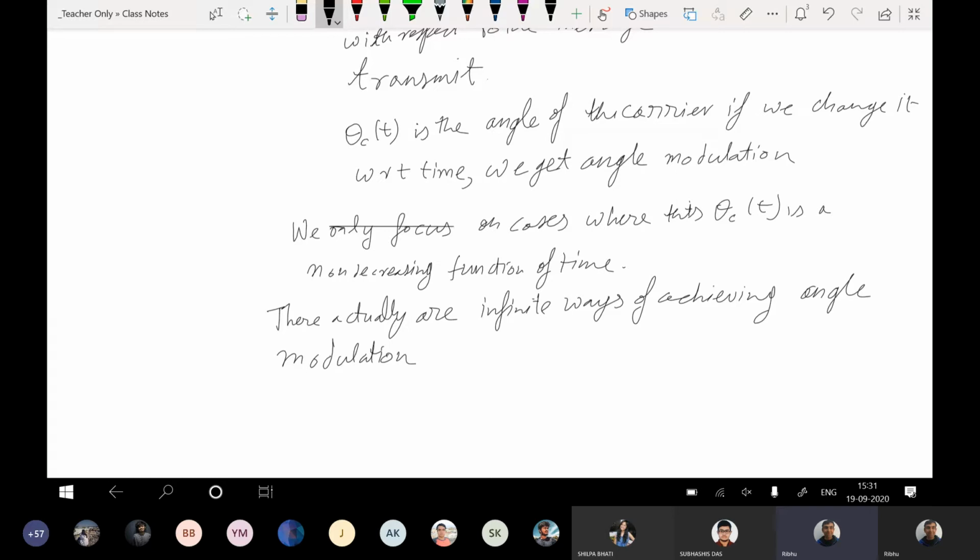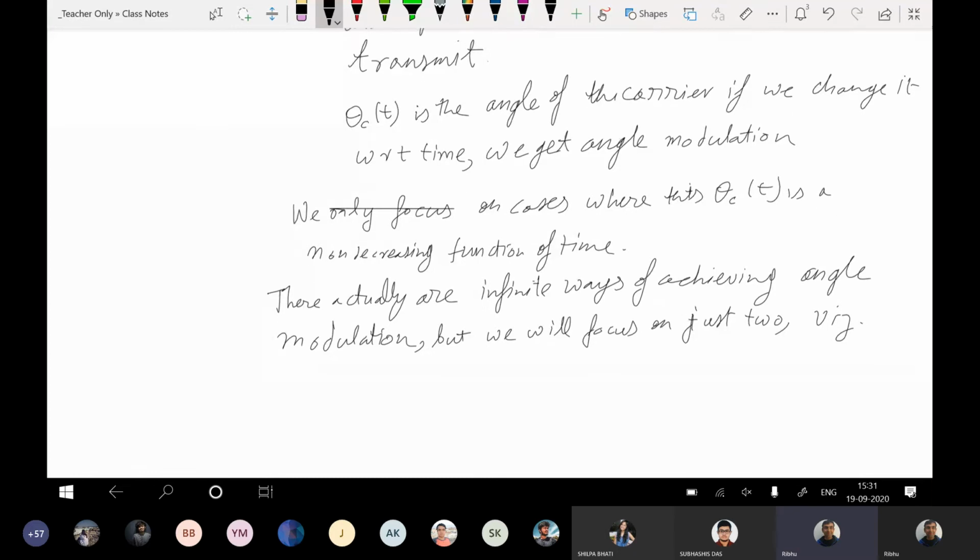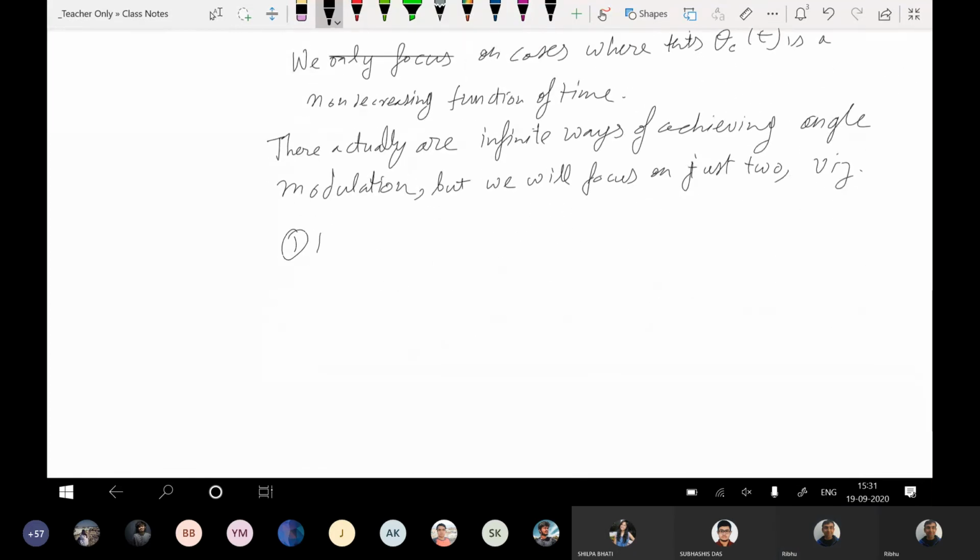Likewise, there are infinite ways of achieving angle modulation, but we'll focus on just two, namely frequency modulation and phase modulation.